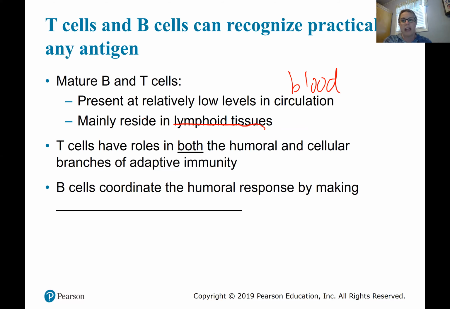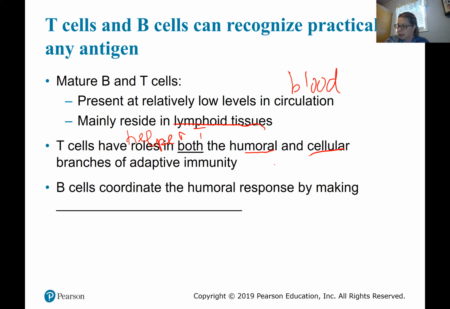Okay, the lymphatic system is going to be basically the stage for where most of the adaptive immune response is going to happen. And so they're hanging out in those lymph nodes and other lymphatic tissues to figure out what is going on and to do surveillance. Okay, so T cells, especially what we call helper T cells, have roles in both humoral and cellular immunities.